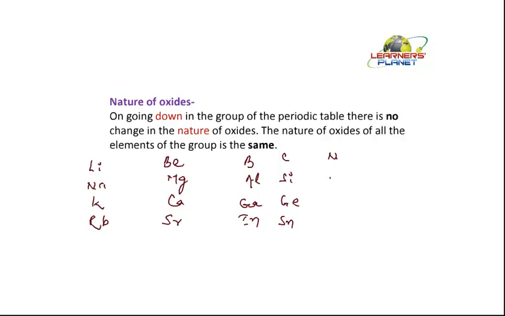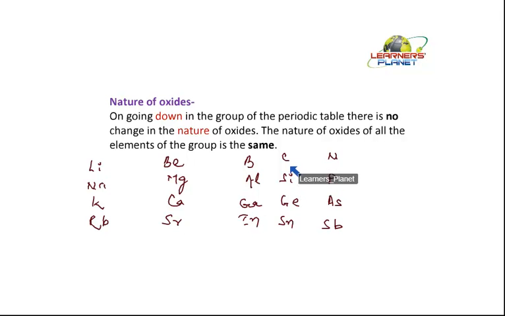Likewise, your nitrogen, phosphorus, arsenic, antimony. Now what is happening here? This will form a basic oxide because it is a metal. This will again form a basic oxide because it is a metal. Whereas in this case, this is forming what? This is forming an amphoteric oxide. This is also an amphoteric oxide and a basic oxide.